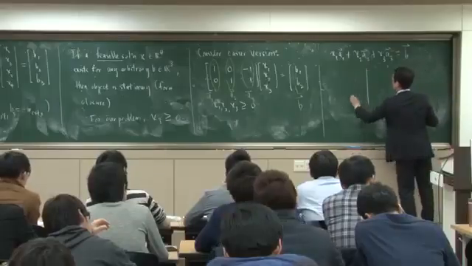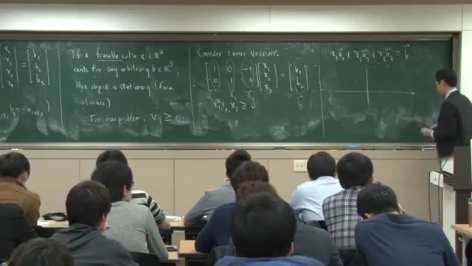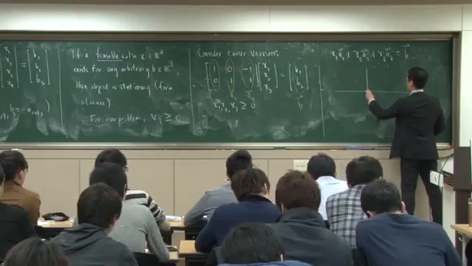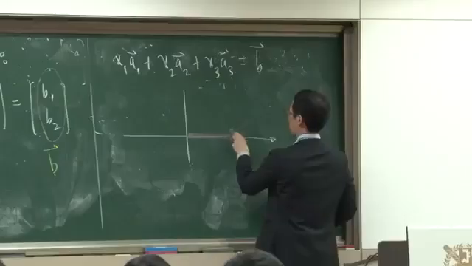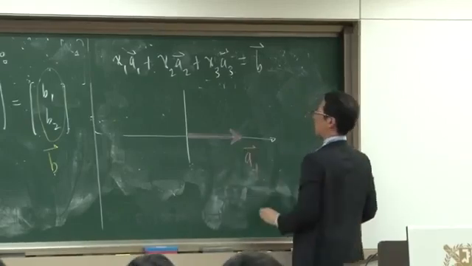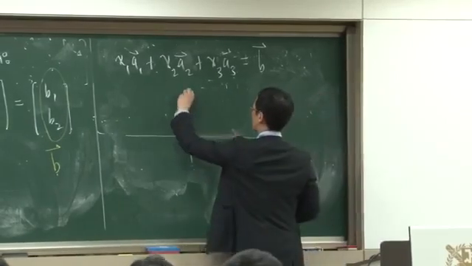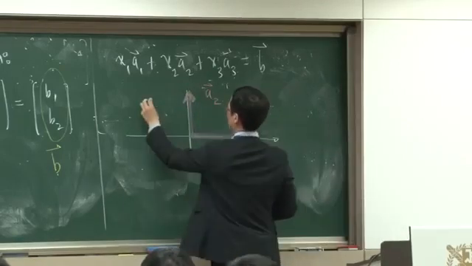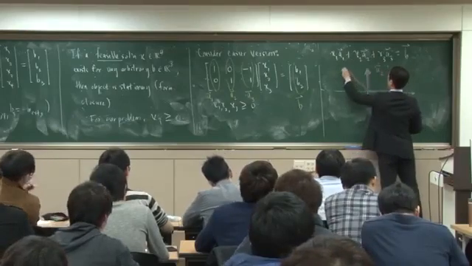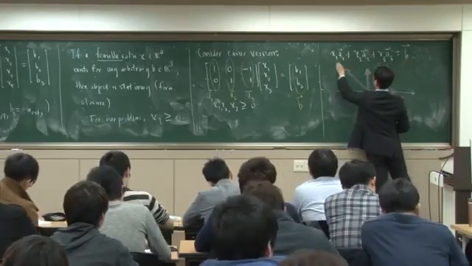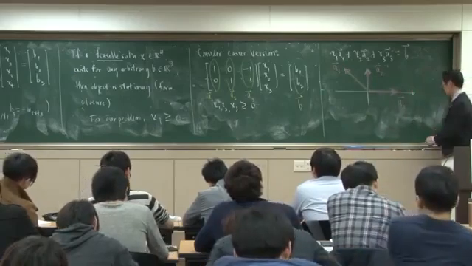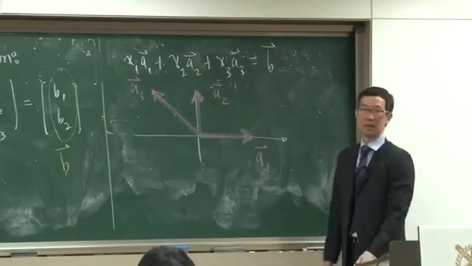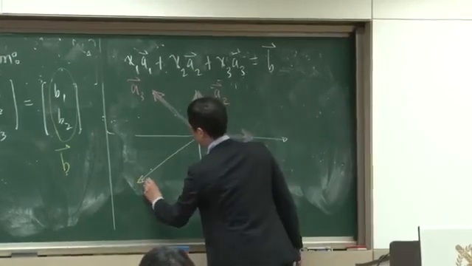So here we go. Here's vector A1. Here's vector A2. And here's vector A3. All right, so there are my three vectors. Suppose my vector B is this.